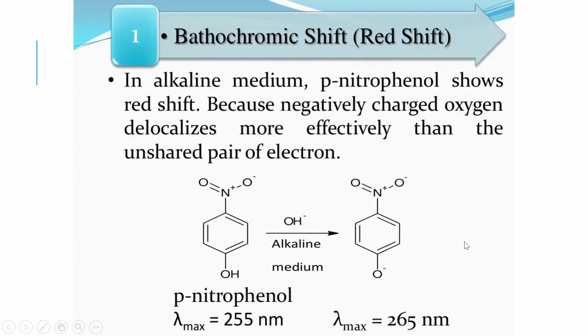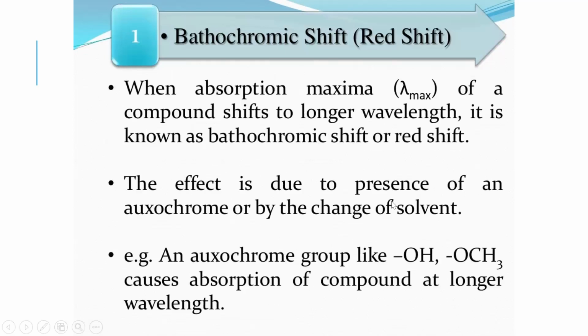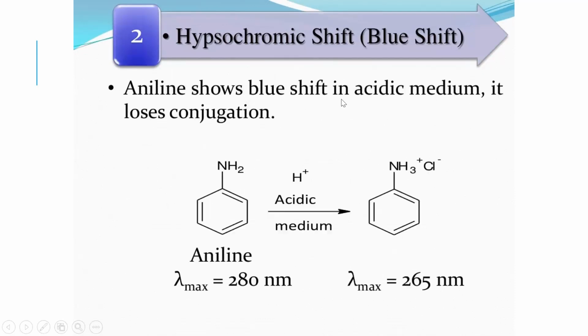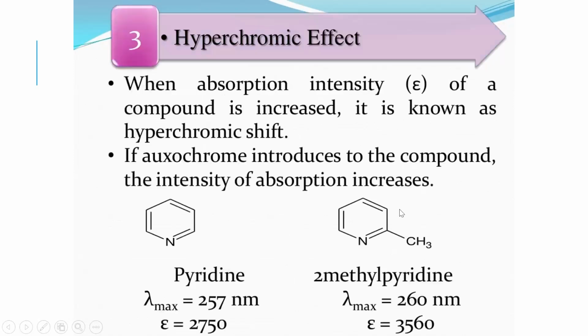Similar to bathochromic shift, which is due to the presence of an oxochrome or by change of solvent, hypsochromic shift is also due to the presence of a group that causes removal of conjugation or by the change of the solvent. For example, aniline shows blue shift in acidic medium because it loses conjugation in acidic medium.